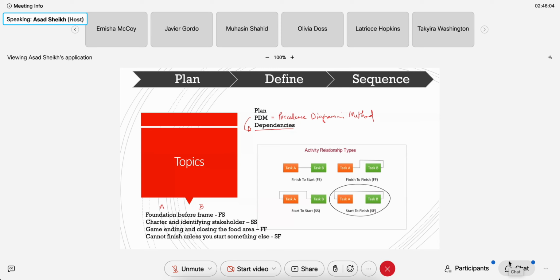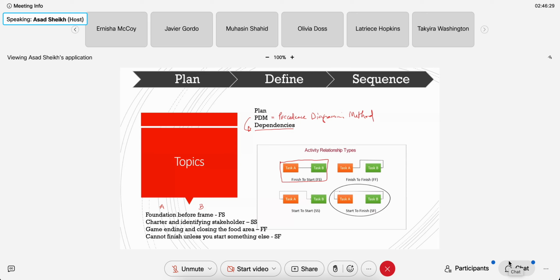Most of the dependencies are like this, FS dependencies, finish to start. But there are some other ones that are sometimes used. So let's look at some other ones which are not natural. This one is a natural one. Yes, this is the one we just talked about, right? Finish to start. So before B starts, A has to finish.